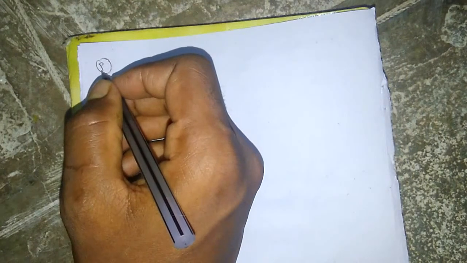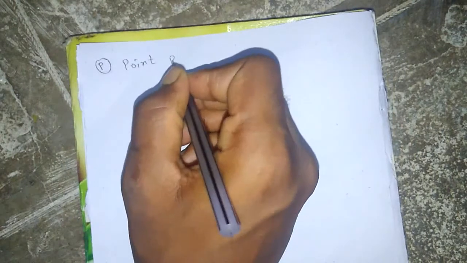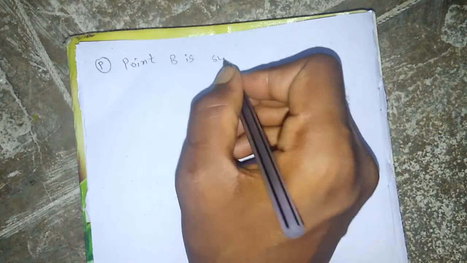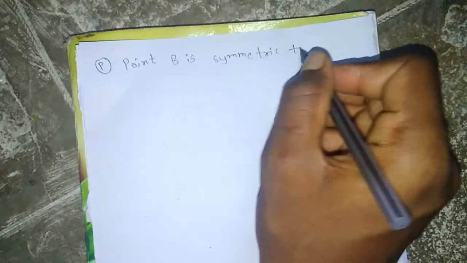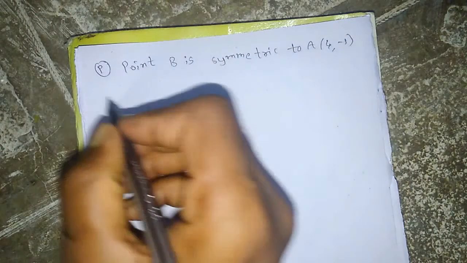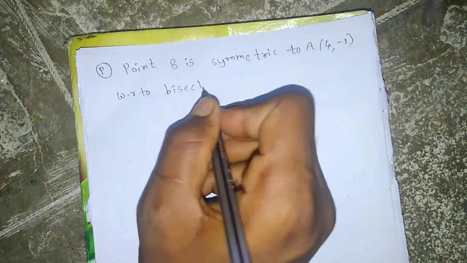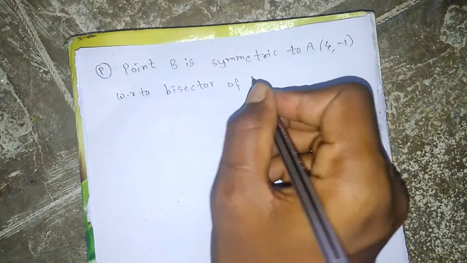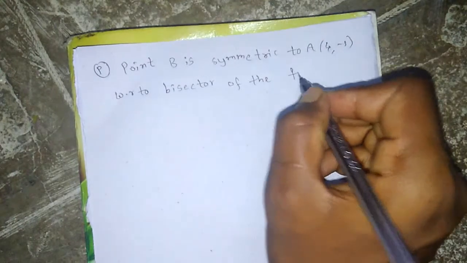Let us do some example problems. Point B is symmetric to A (4, minus 1) with respect to the bisector of the first quadrant.